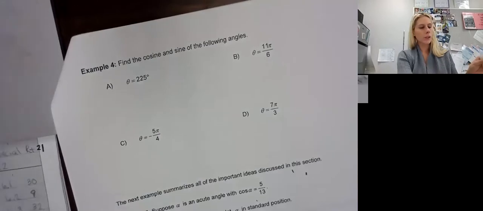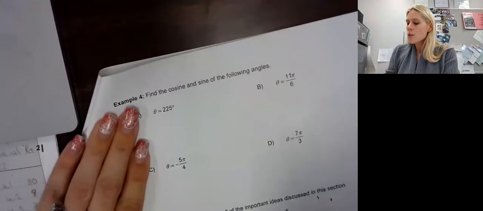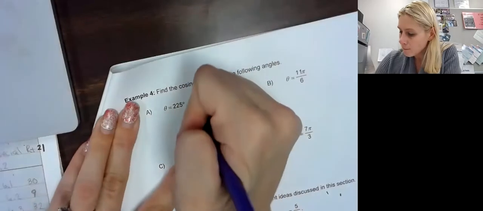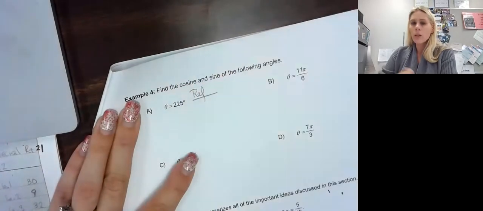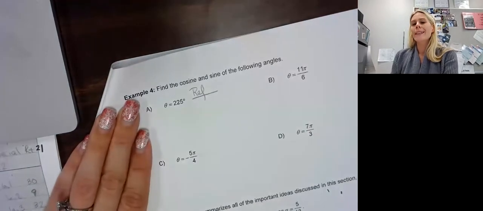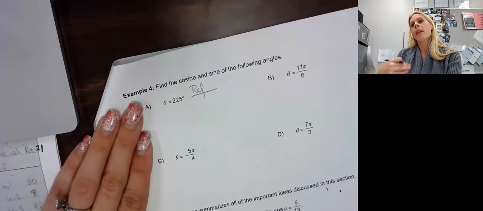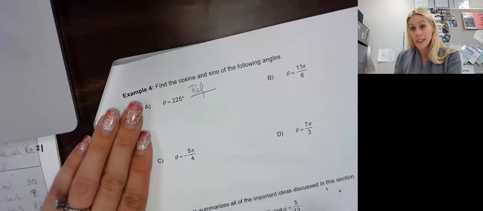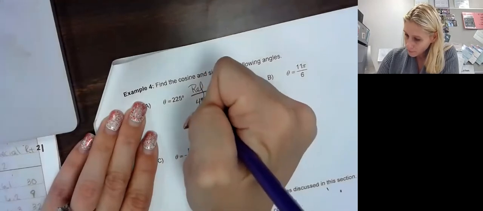All right, so what we're going to do now is we're going to relate it back to the reference angle to allow us to be able to get these degrees a little bit more. So 225, if you look at the reference angle, 225 is halfway between 270 and 180, which means the reference angle is 45.